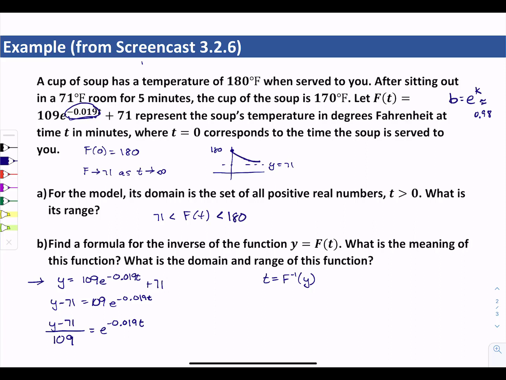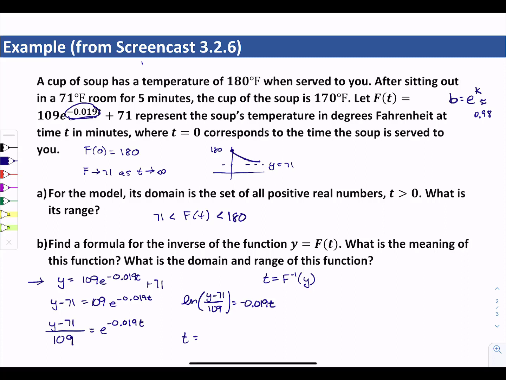0.019t. And then to reverse the exponential process, we need to use a natural log. So we're going to end up with the natural log of y minus 71 over 109 equals negative 0.019t. And to isolate t completely, we'll divide by negative 0.019.